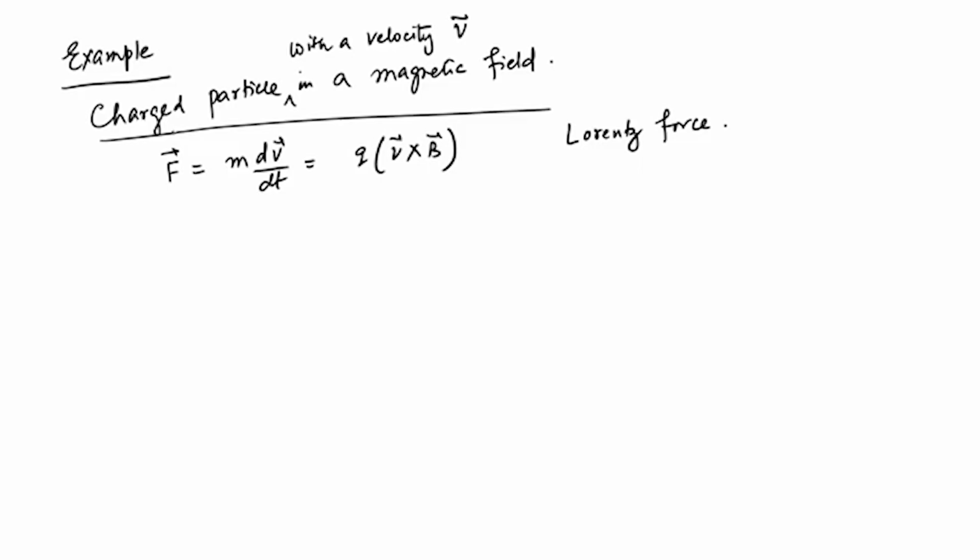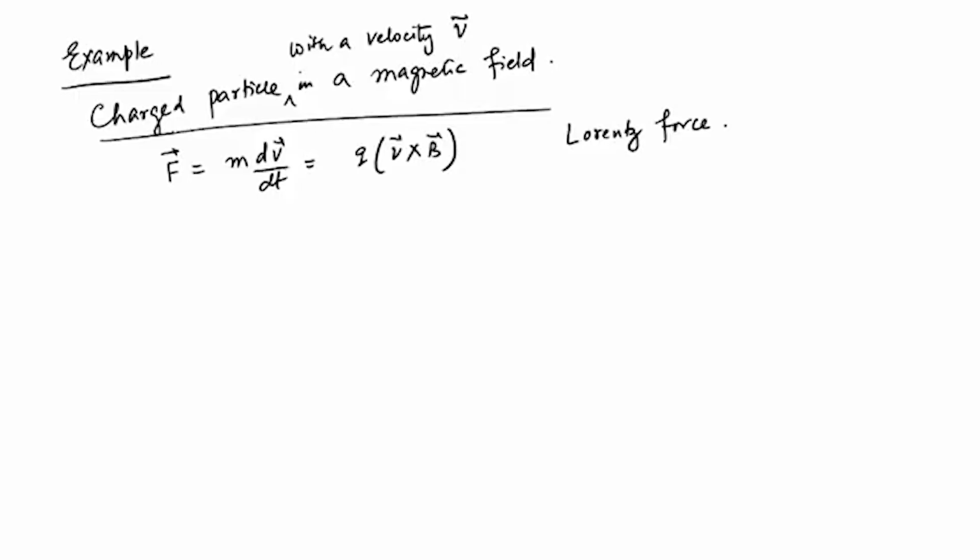Okay. And it is easy to understand, or most of you already know about it, that the particle actually executes a circular motion when you have a v which is perpendicular to B. So, if v is perpendicular to B, it is q v B, and this would be compensated by the m v square over r, which is the centripetal force, and so the magnetic field will sustain such a circular motion.